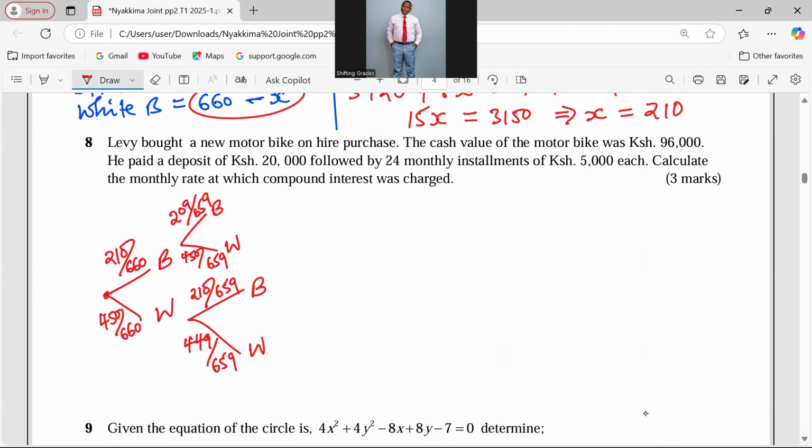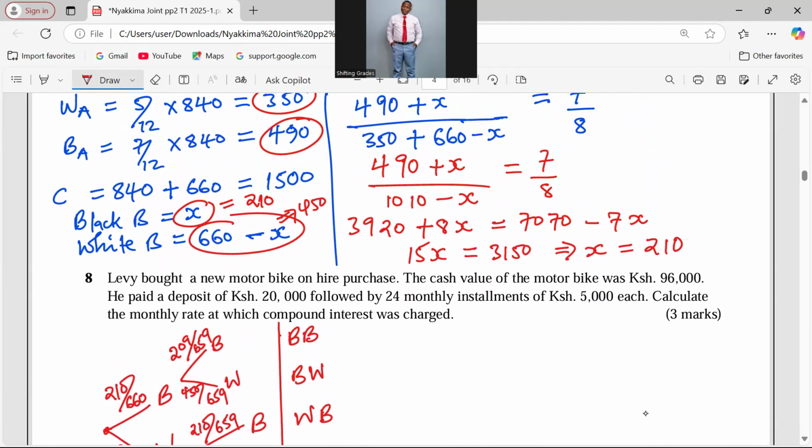So you can see in my simple tree diagram, I can talk about black then black, black then white, then white then black, and white then white.